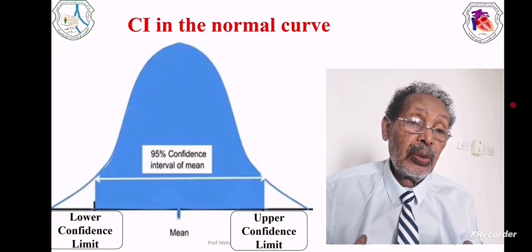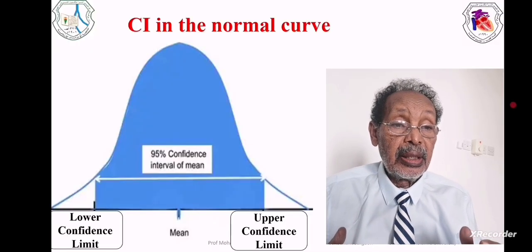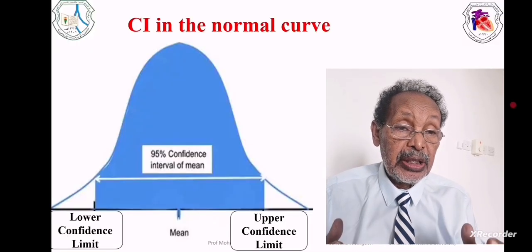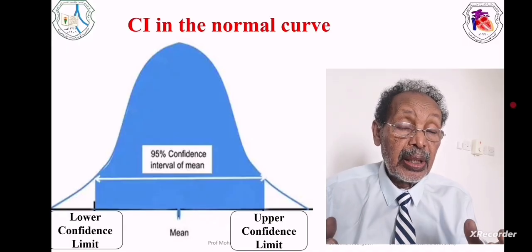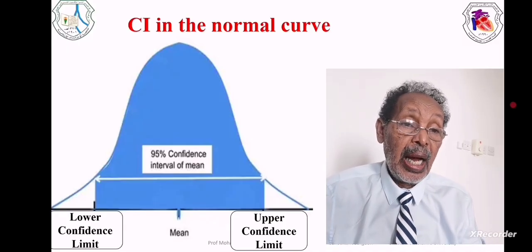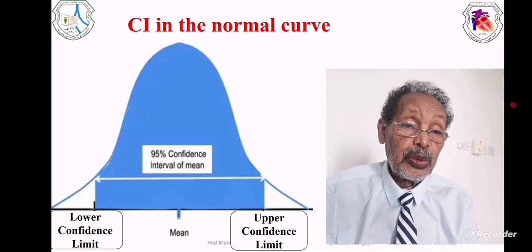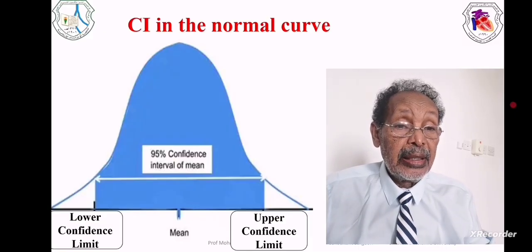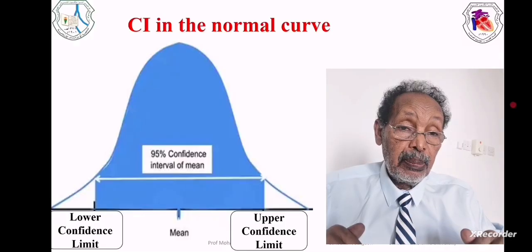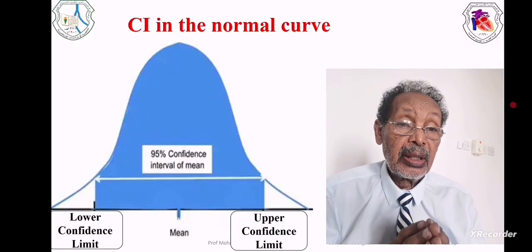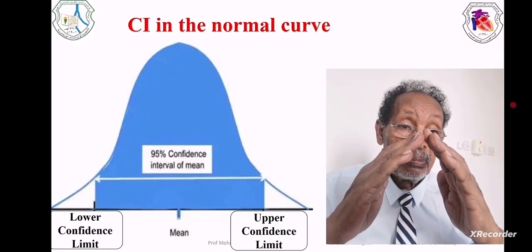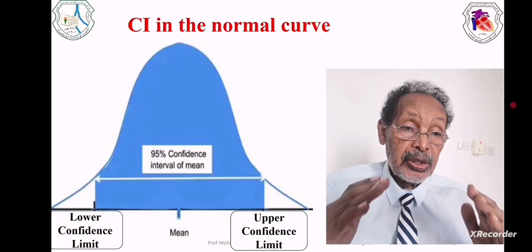Usually, we take the general population as homogeneous with irregular data. And if we plot these data in a diagram, it will show a bell shape with symmetrical edges.